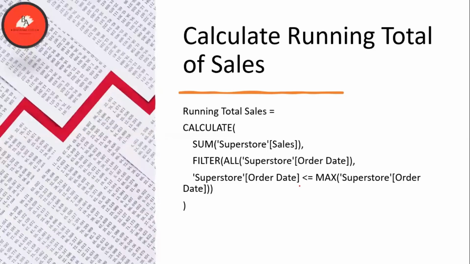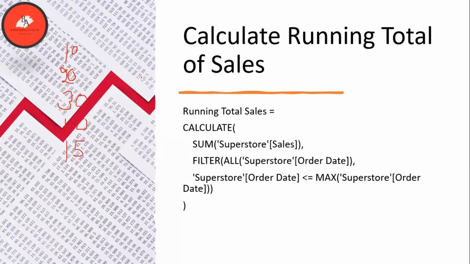Let's calculate the running total of sales. So what is basically the running total? It means, suppose you have sales of 10 on the first day, 20 on the second day, 30 on the fourth day, then again sales of 10, then sales of 15.